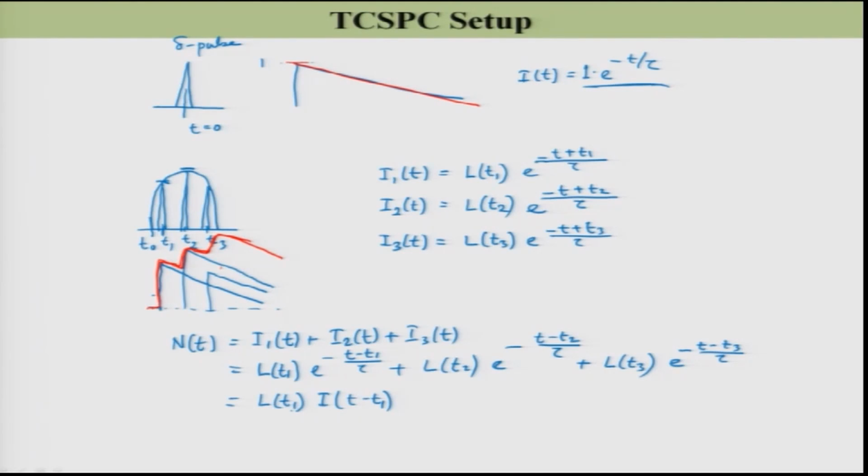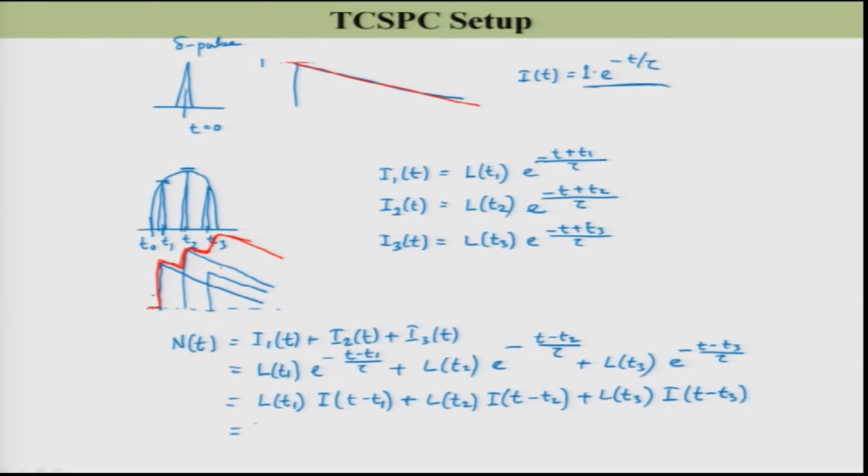So, L(T1) I(t minus T1) plus L(T2) I(t minus T2) plus L(T3) I(t minus T3).